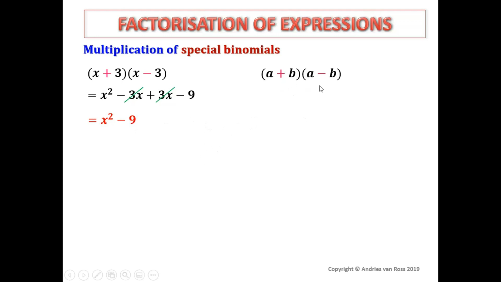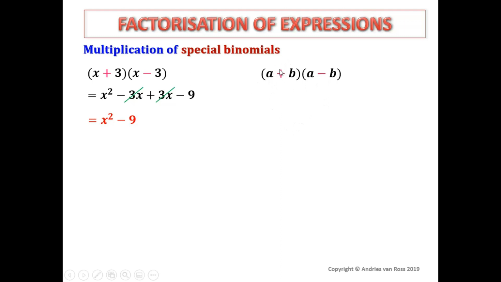Here, again it looks similar, but now we've got a plus b and a minus b. Again, two binomials that we multiply, but we use variables so that we can see what the answer looks like. Again, let's expand the brackets.